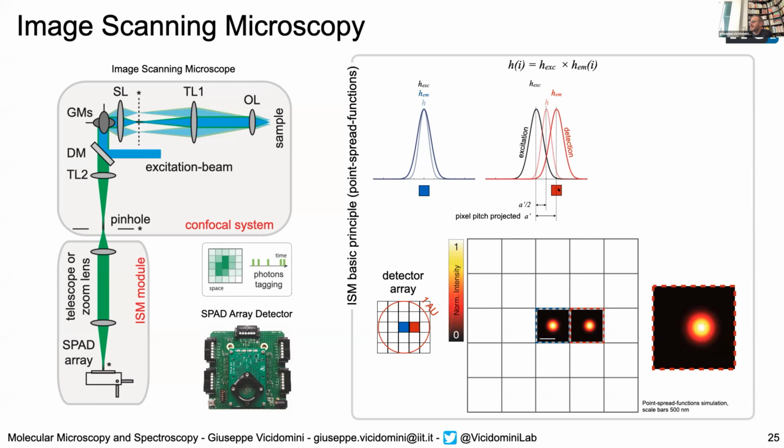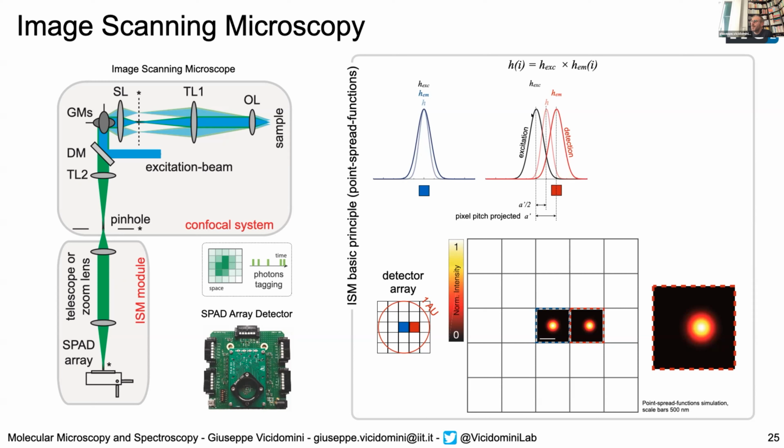Let's see what happens to the image collected by the element on the right side of the central element. In this case, the illumination stays the same, but the detection point spread function is shifted to the right, simply because the element is slightly shifted aside the central element. Again, the point spread function is the multiplication of the two point spread functions, two Gaussian functions. If you multiply two Gaussian functions, you get a third Gaussian function with a reduced full width at half maximum.